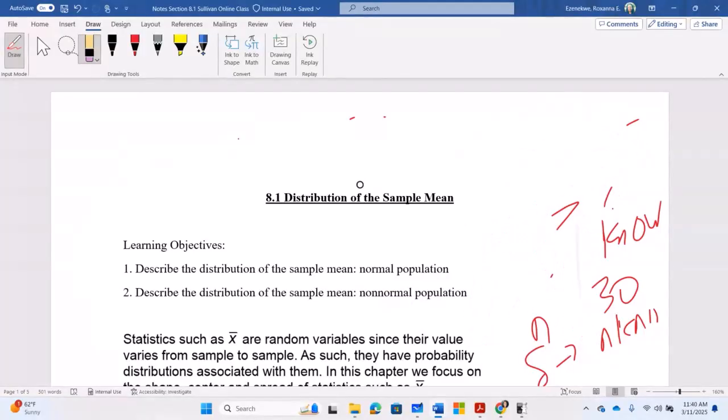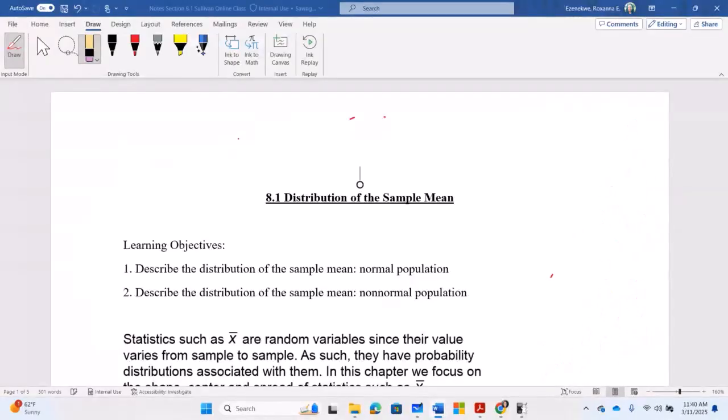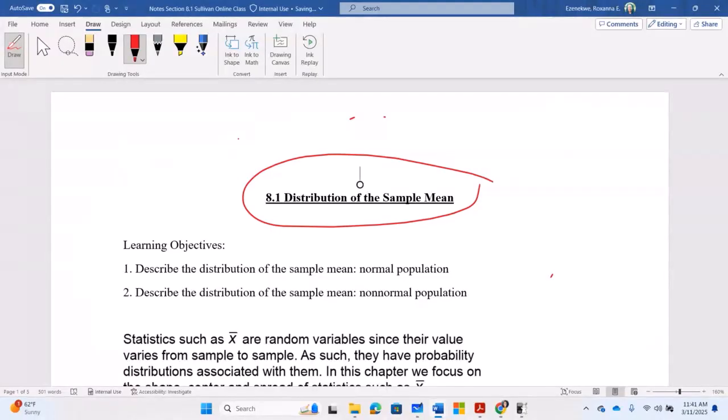But you'll be hearing central limit theorem everywhere if you log into YouTube. So make sure you understand that the central limit theorem and the sampling distribution of the means are the same.